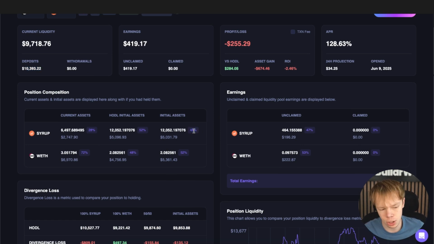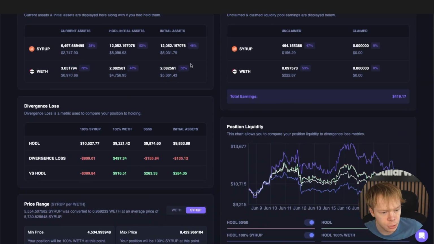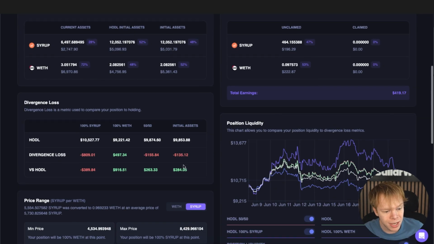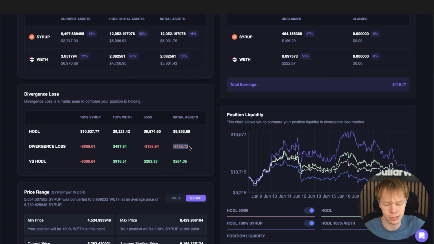So it takes those ratios and says, hey, Jake, if you took your $10,393 and you held it in those ratios as opposed to entering in the liquidity pool, to date, you would have $9,853.